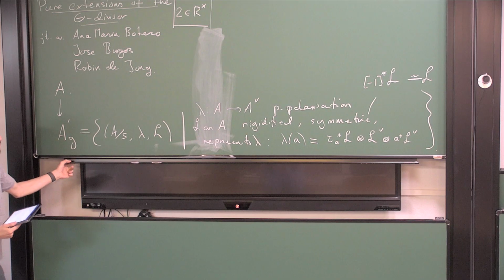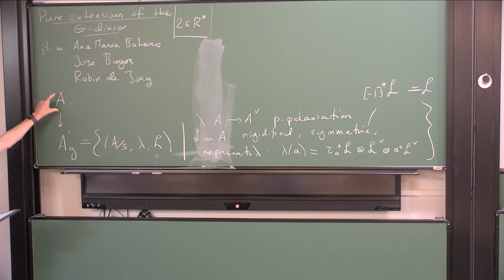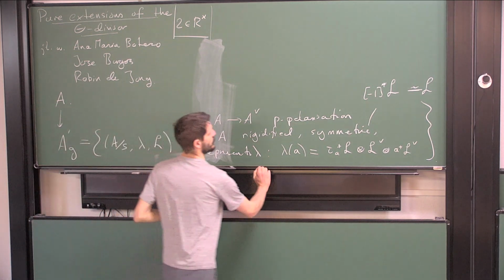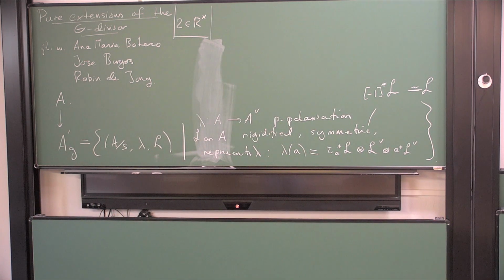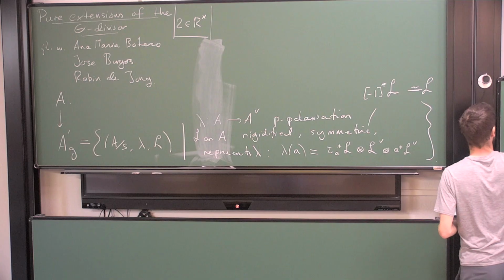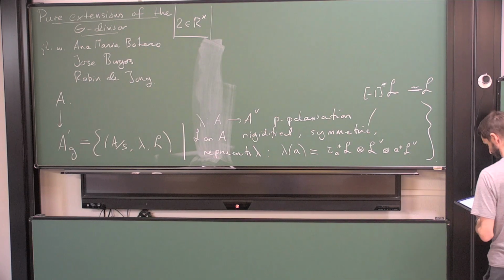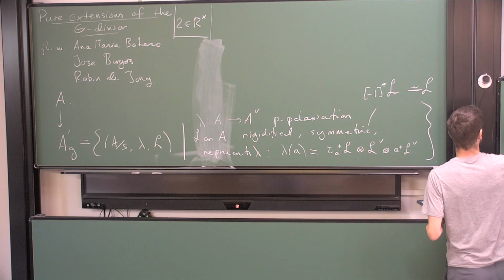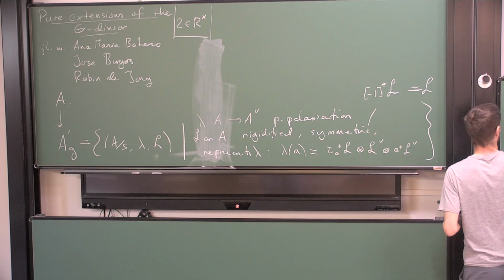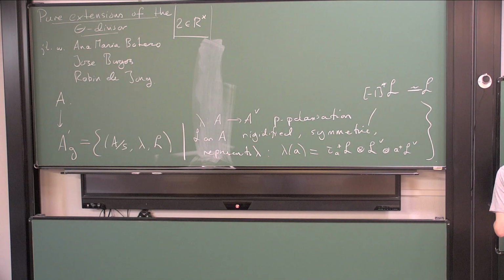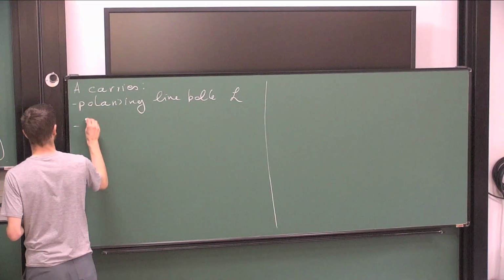And so the point of this setup is that this guy now carries a polarizing line bundle and carries a theta divisor. So A carries a polarizing line bundle, which is this L, and this carries a theta divisor.